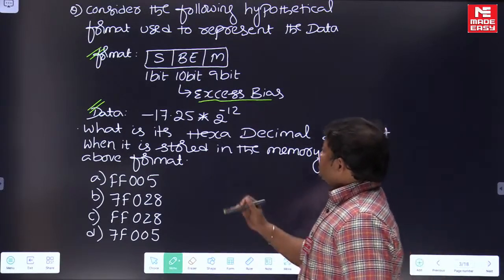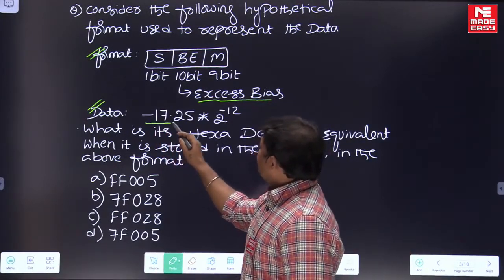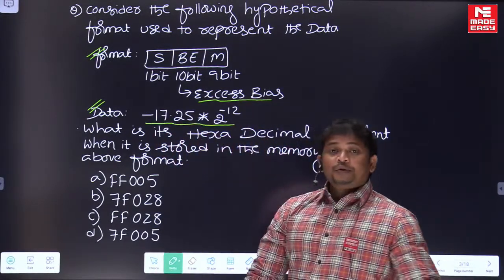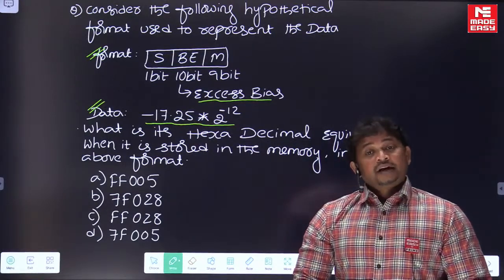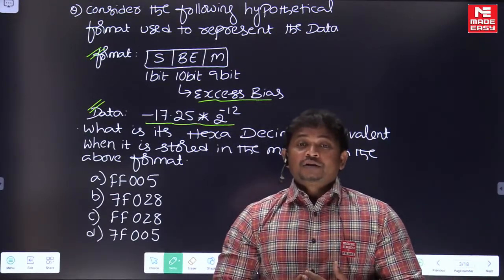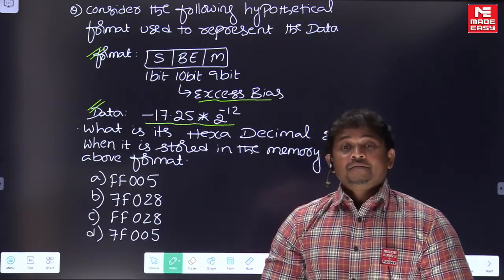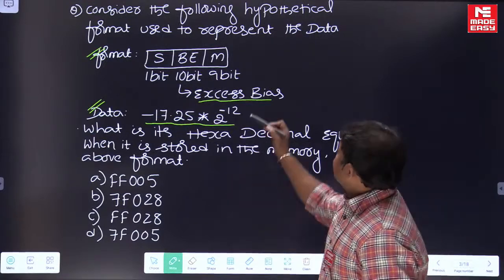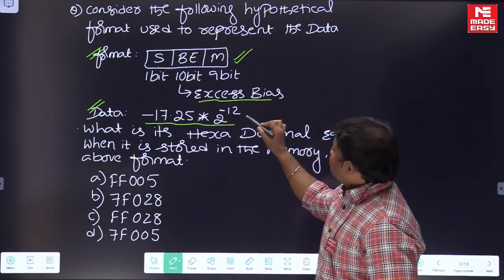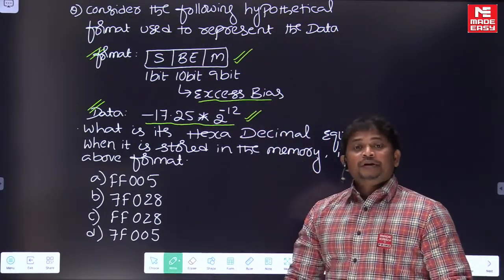All right. So this is the data: minus 17.25 into 2 to the power of minus 12. So this data we are going to store into the memory using the given format.